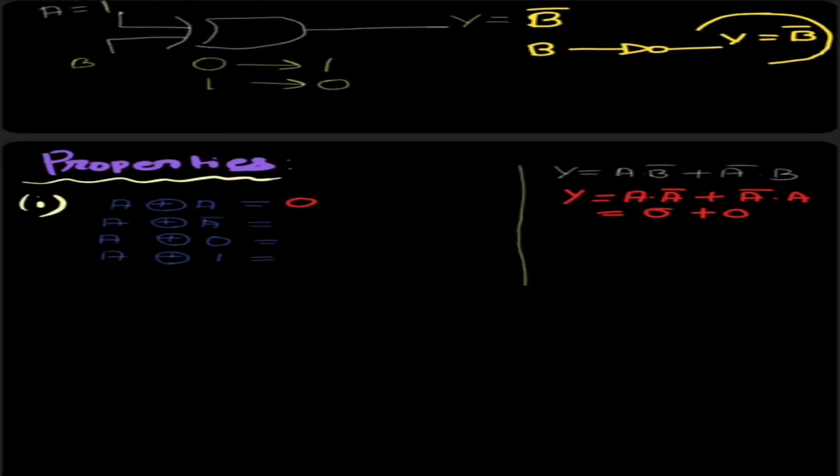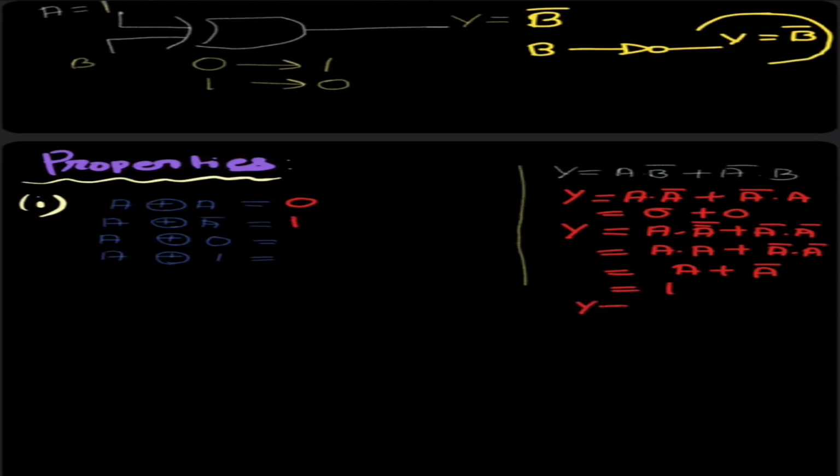Taking the second one, where we have to XOR A complement, we get A and A complement complement, or A complement and A complement. We get A and A, or A complement and A complement. We get A or A complement, equals 1.